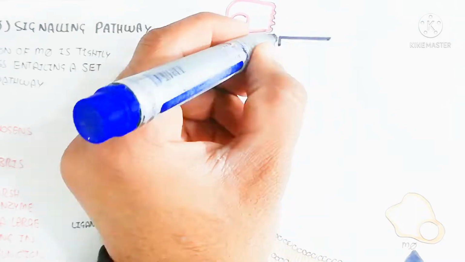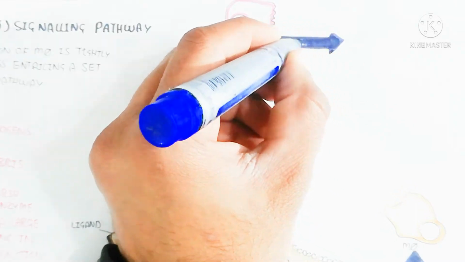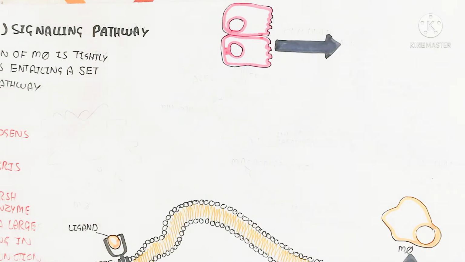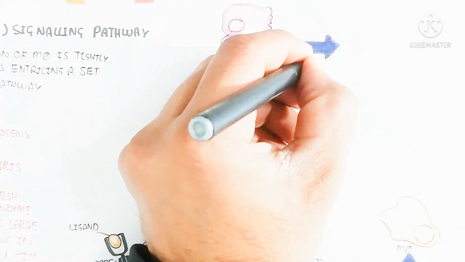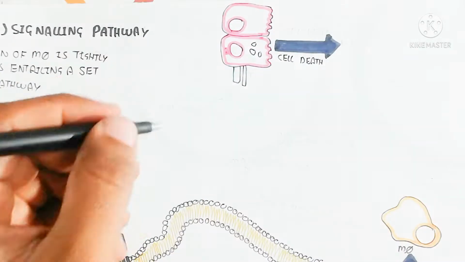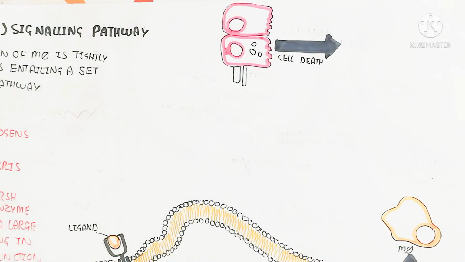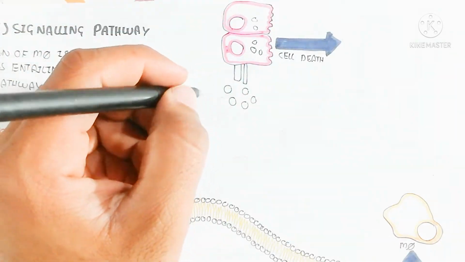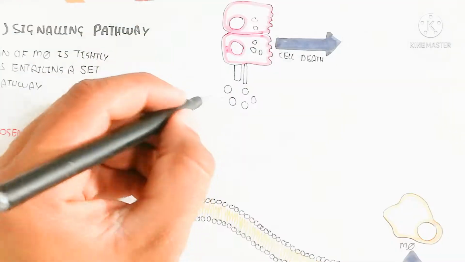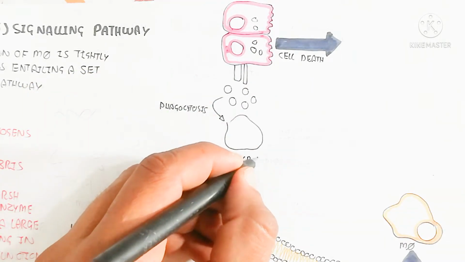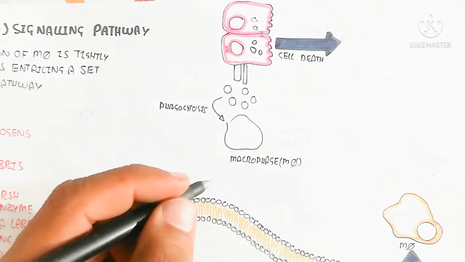Let's begin to understand the mechanism. Here is the infected tissue. This infected tissue will present antigen through the antigen presenting cell, MHC class 2 molecule and MHC class 1 molecule. The receptor also recognizes this and produces inflammatory cytokines, which recruit the macrophage.